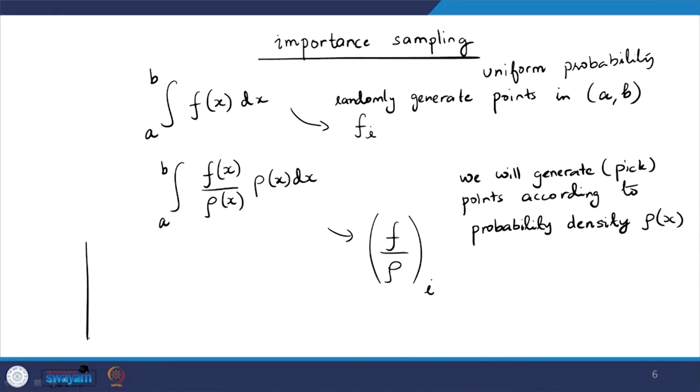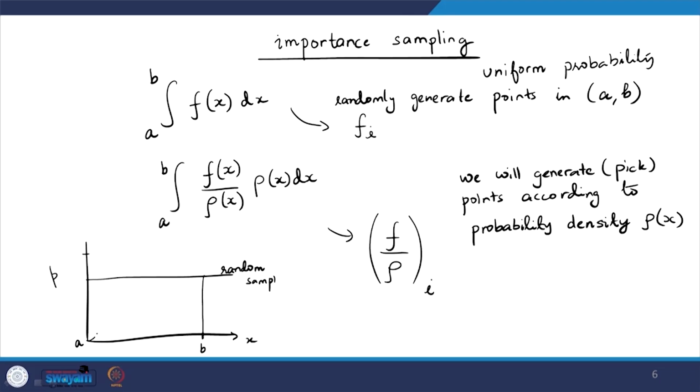So, now I am essentially doing some kind of a weighting, right. So, for example, let us say if I look in the range of A to B, let us say if this is my x axis, and let us say this is the probability of picking a point. In the first instance, it was something like that for random sampling. So, I can pick points uniformly in the entire range A to B.